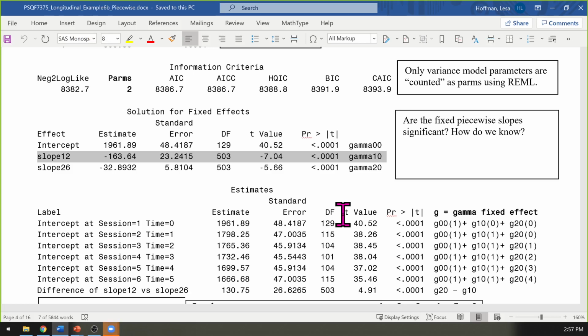Yep, people are improving because shorter or smaller response times, however you want to talk about it, is a good thing. So this is the rate of change between session 1 and session 2. Given that there's only one difference, you can just think of it as just the straight difference. This is how much faster people are at session 2 relative to session 1. On average, they are 163 milliseconds faster.